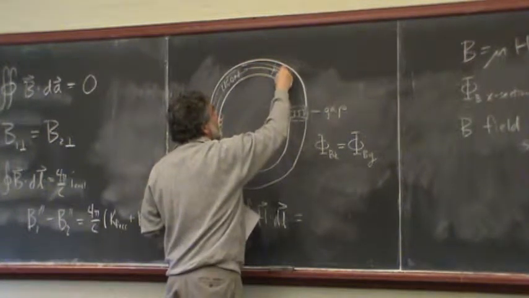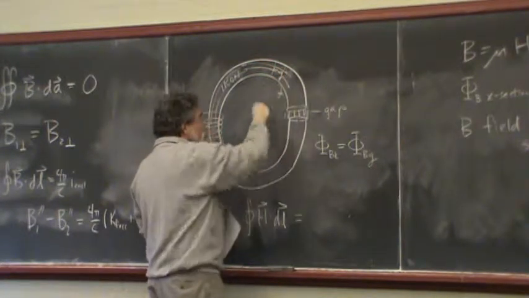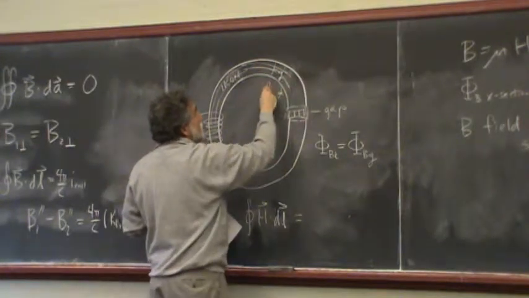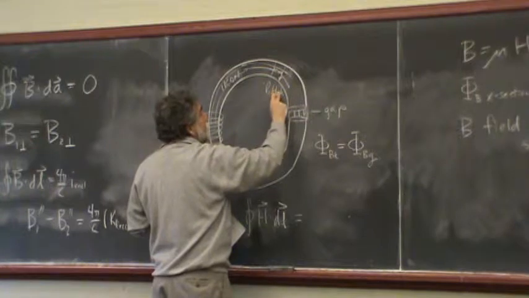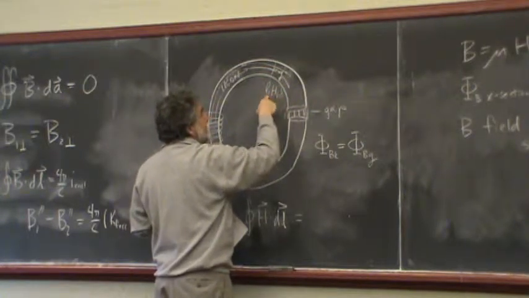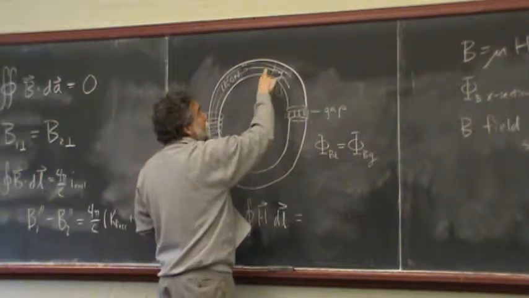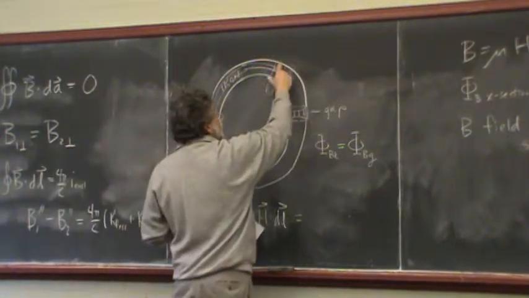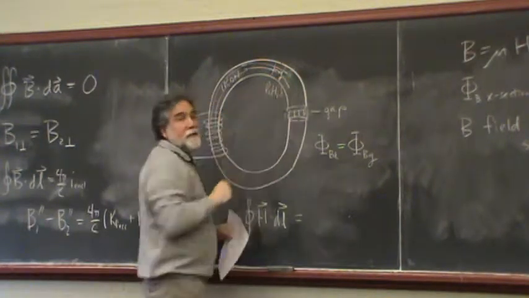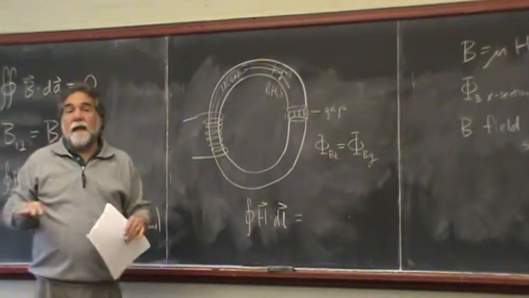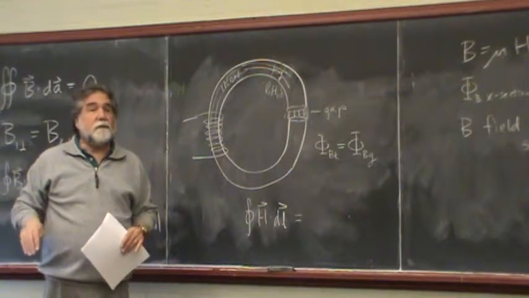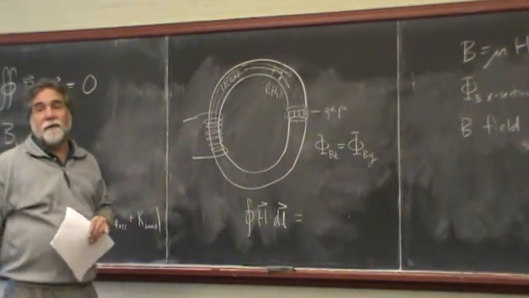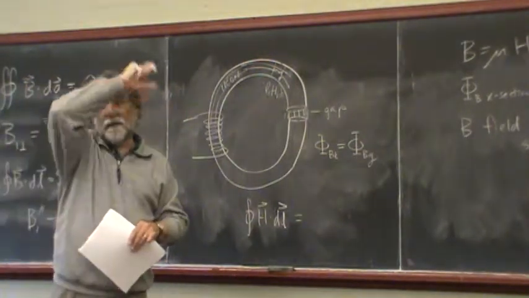Along any region here, that line integral, let's say I go down the middle, is going to be the length of the region, L, times the magnitude of H in that region. So I've got L, the length of that region, and the magnitude of H. Now, the problem here is that the length varies from one side to the other. We're going to ignore that. So the cross-section's got to be small compared to the overall diameter of the circuit.